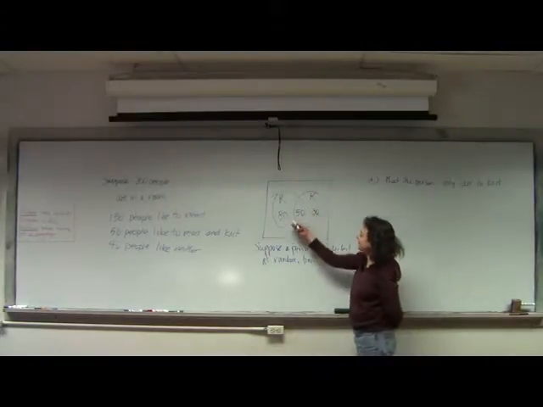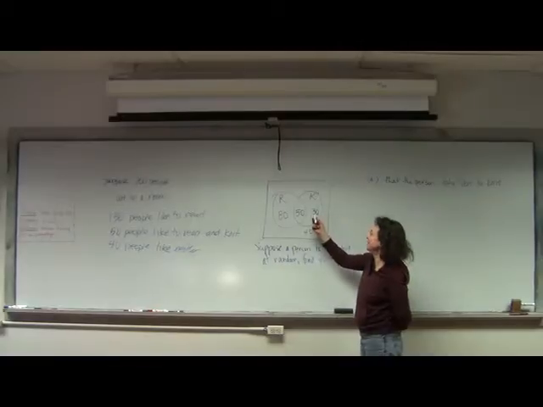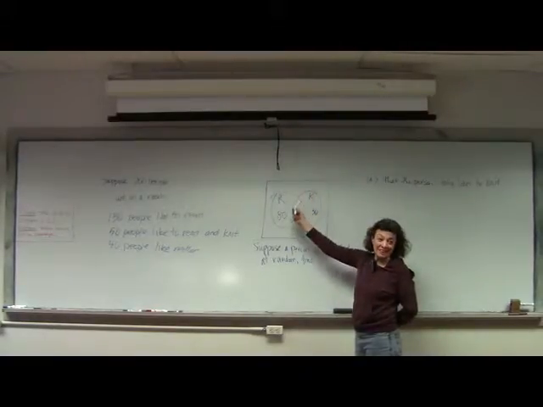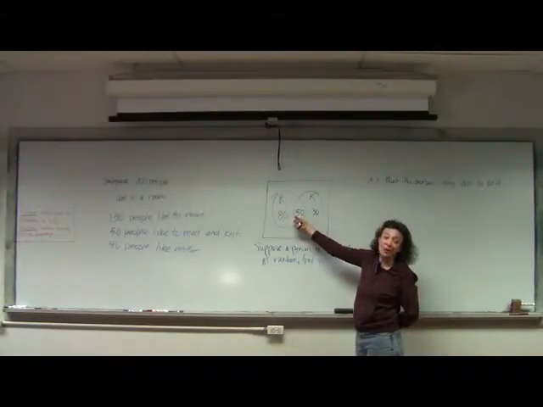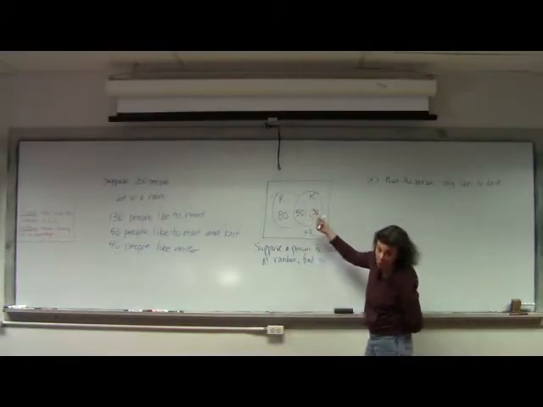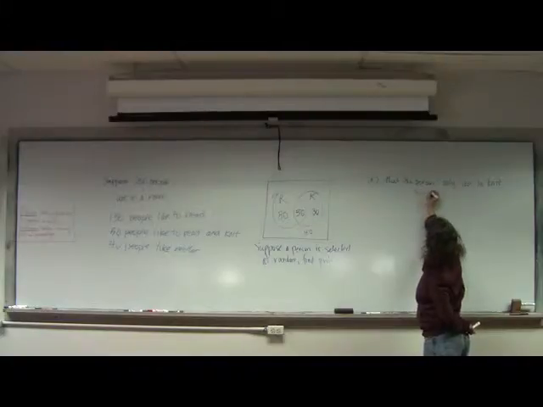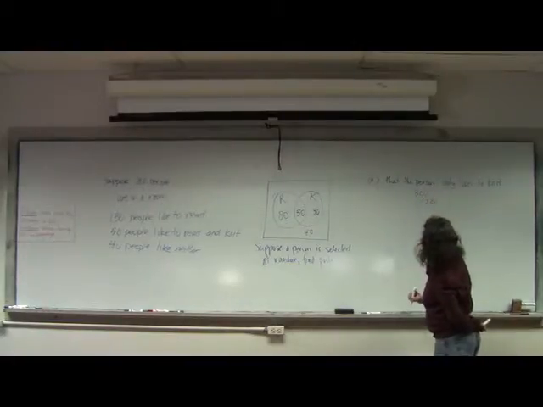Well, this is my knitting circle. It's kind of amusing. Anyway, this is my knitting circle. These 50 people also like to read, so we're really only interested in these 30 people who only like to knit. So we have 30 out of the total of 200.